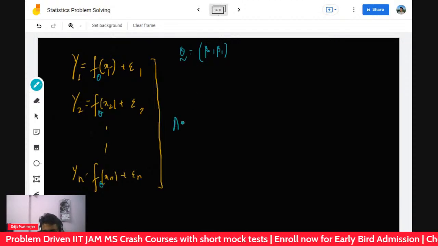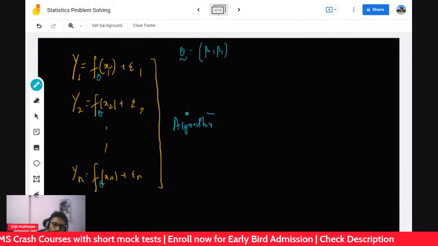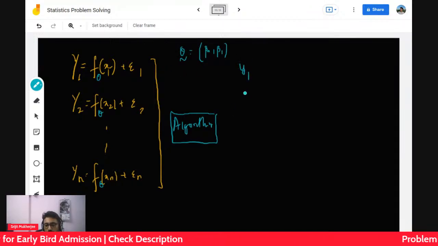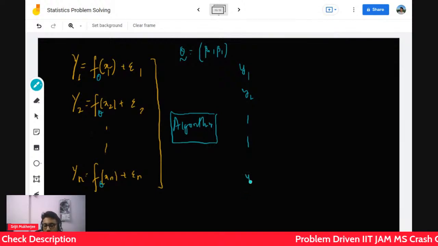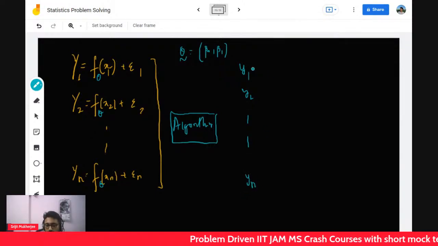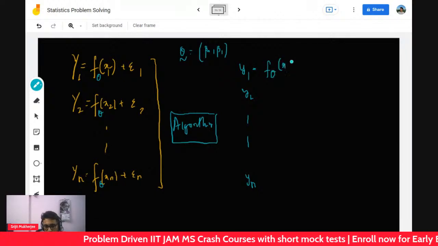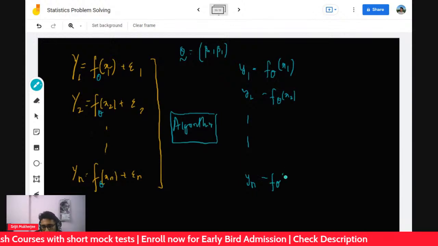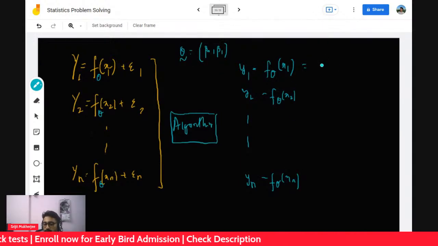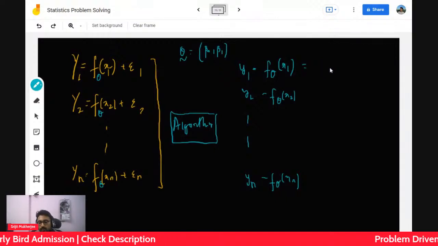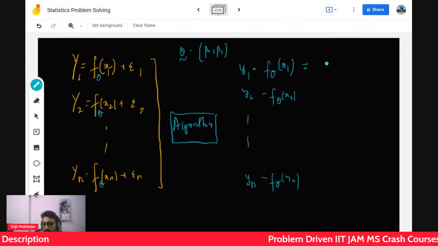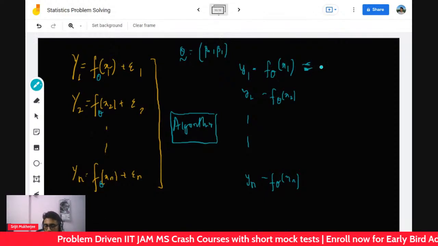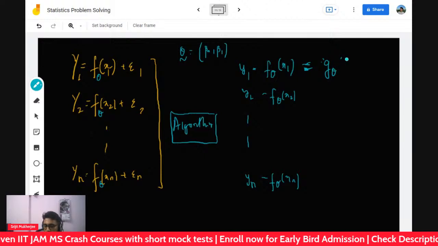The algorithm is the following. We observe y1, y2, the real observations of the random variables, and we subtract from them a function of the unknown parameters, g theta.